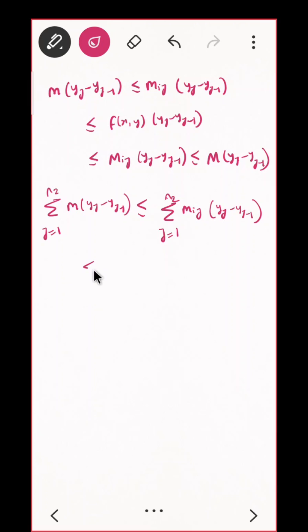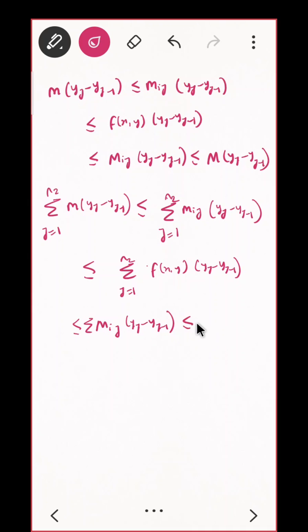That is less than or equal to summation of f of xy, sorry, that is summation, no? I wrote summation already. So that is j equal to 1 to n2 f of xy yj minus 1, and that is less than or equal to summation capital Mij yj minus 1, and that is less than or equal to capital M into summation yj minus 1.